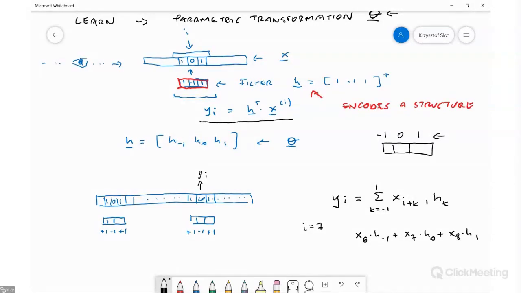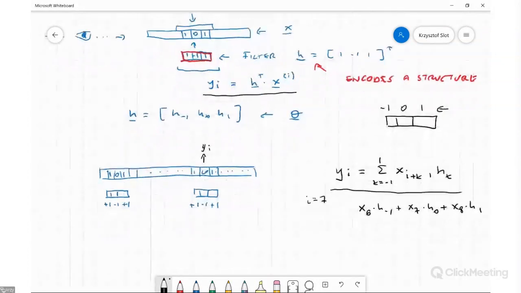I'm specific right now, but this is a general formula, and below is what happens if I'm interested in output number 7, or what happens if I place my filter around position 7.